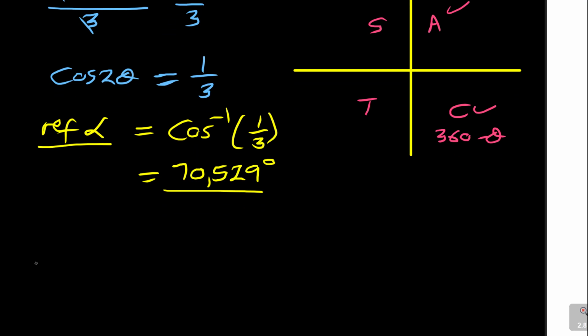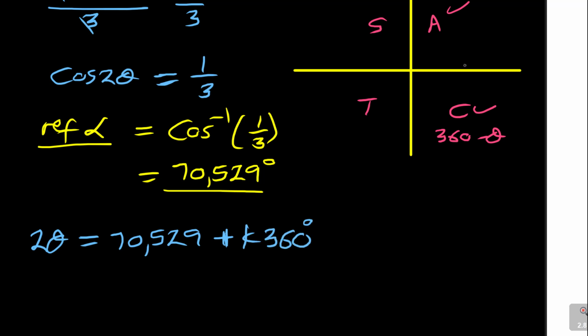The first one: you're finding the reference angle, so when you say arc cos, you are left with 2 theta is equal to your reference angle, 70.529, plus k 360 degrees. That's the first angle, in the first quadrant.